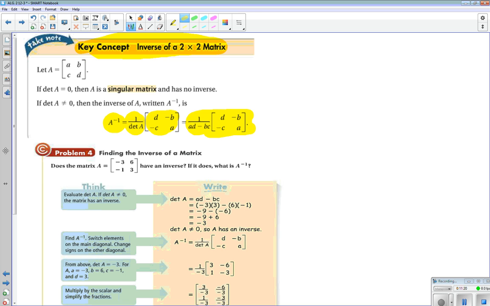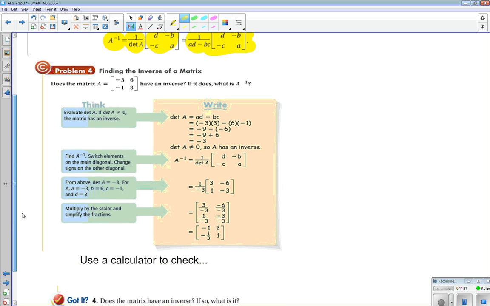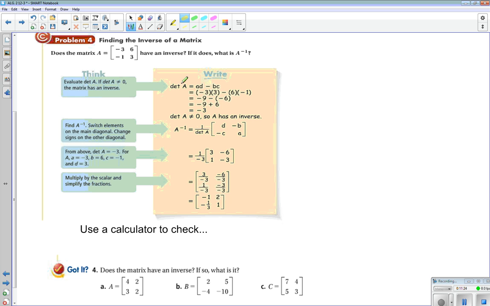So we are going to find the inverse of a matrix. So here it is. If I have this, this is A, B, C, and D. So the determinant of A is A times D, which is negative 3 times 3 minus 6 times negative 1, and that is negative 3.